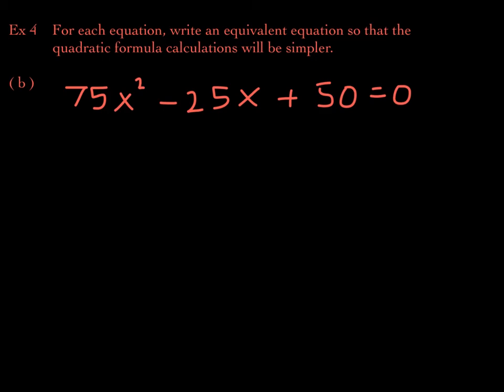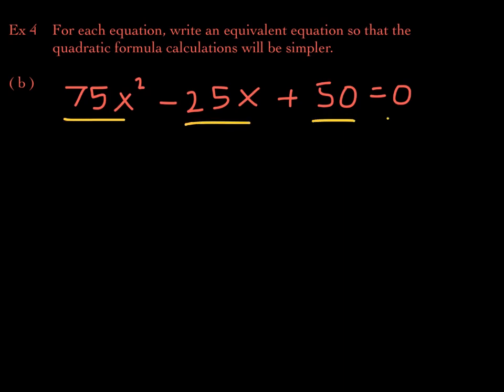This next equation would be quite challenging to solve using the quadratic formula, namely because these coefficients are relatively large. What you can do instead is make these coefficients smaller if you divide by the GCF, the greatest common factor. And in this case, that would be 25.